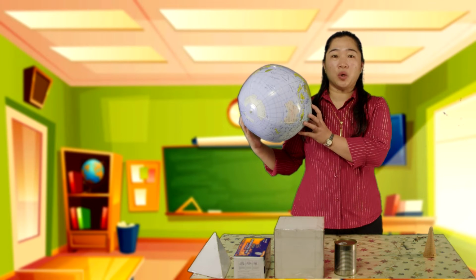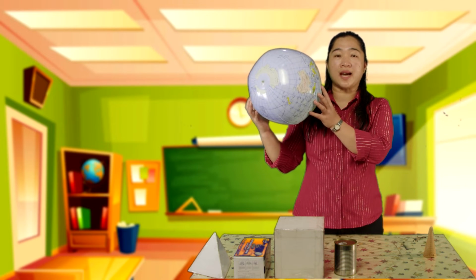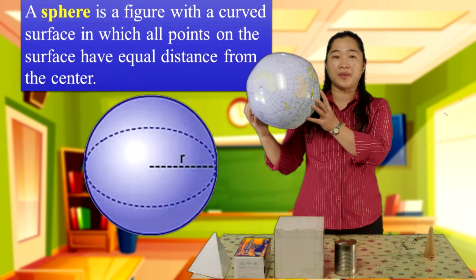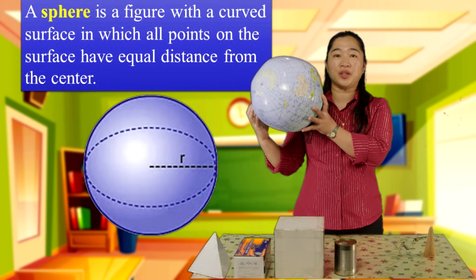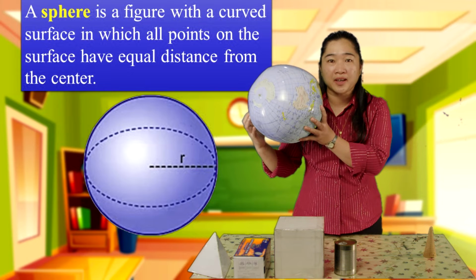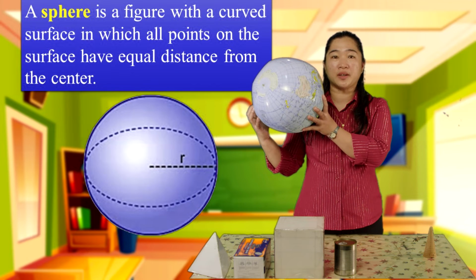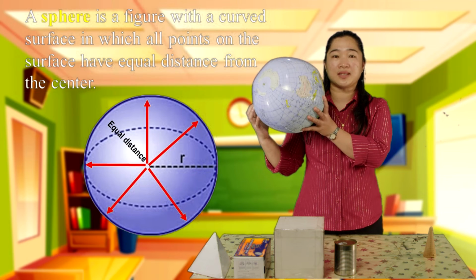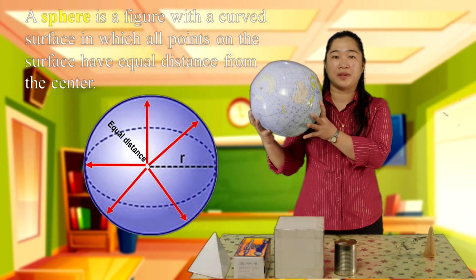This is a globe. This globe is an example of a sphere. A sphere is a figure with a curved surface in which all points on the surface have equal distance from the center.